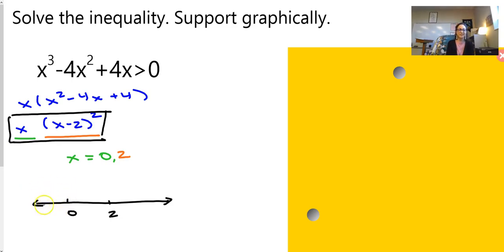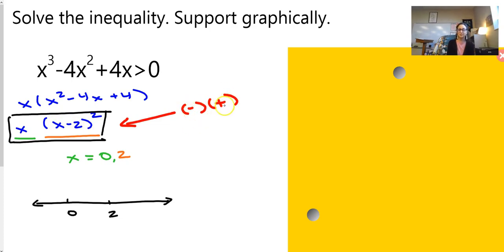So pick a number in this interval. Any number will work. I'm going to pick x equals -1. And what I'm going to do is test that value into this box right here, okay? So this will be -1, right? So that's going to be negative, and then this is going to be -3 squared, but if I square -3, it's ultimately going to be positive, right?